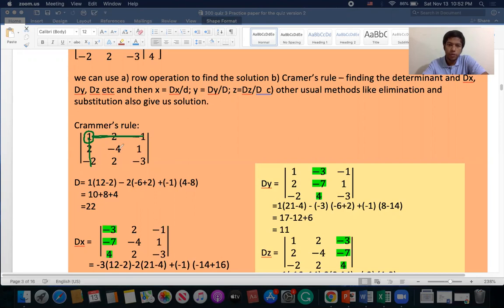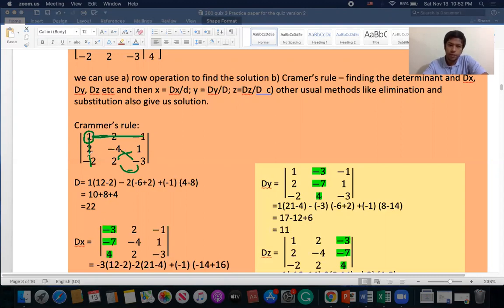We multiply: minus 4 into minus 3, that means 12. Then minus 2 into 1 means 2. The rule is this into this, minus this into this. And the same rule will be followed for all of them.